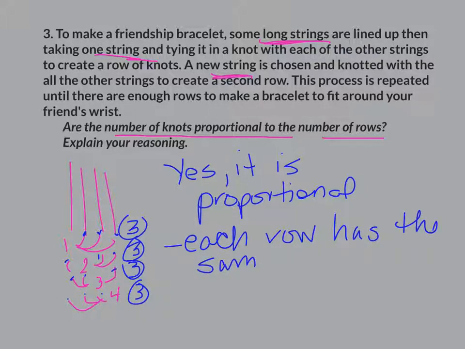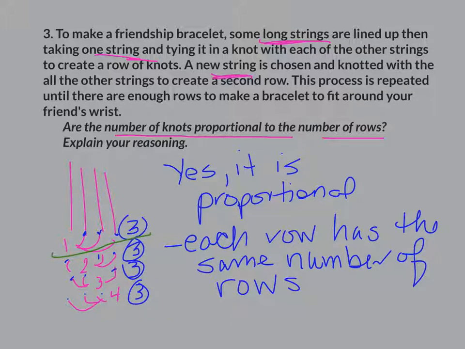So no matter how many rows there are, it will always be equal to the original 3 over 1. And just to make that even clearer, at the end of the first row, 1 times 3 is 3.